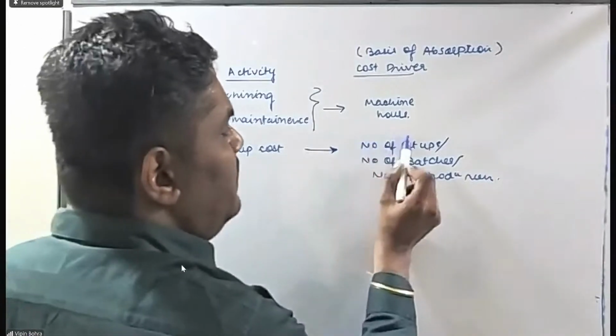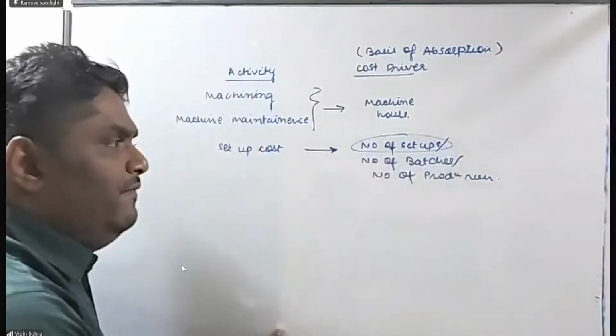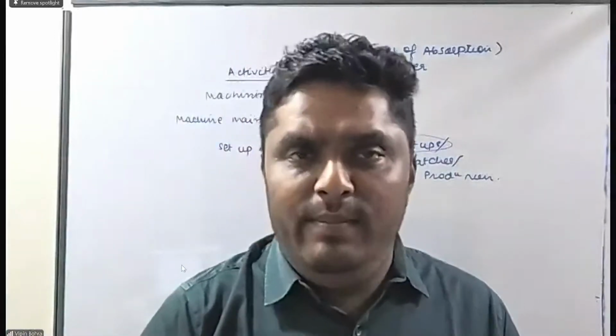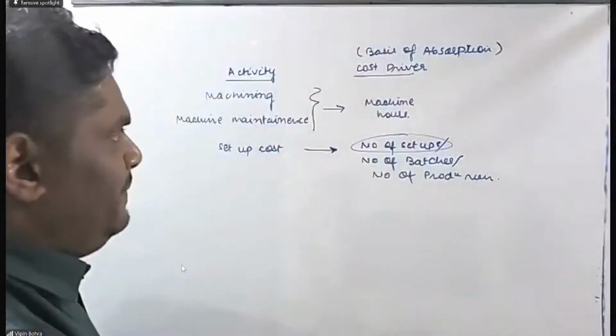First priority will be given to the number of setups, and if the number of setups is not available, then the number of production runs can be the basis of absorption for setup cost.